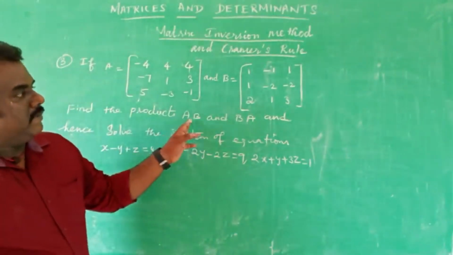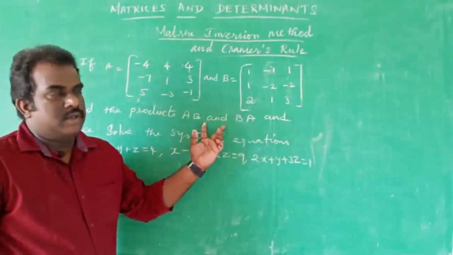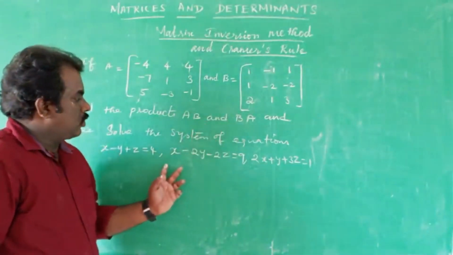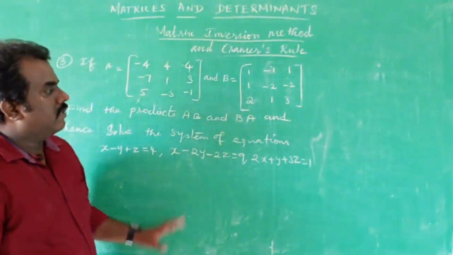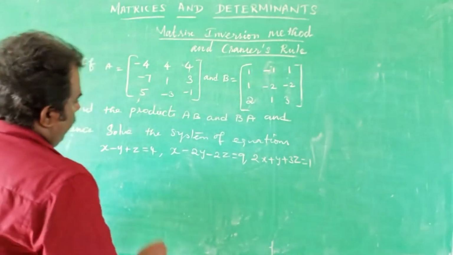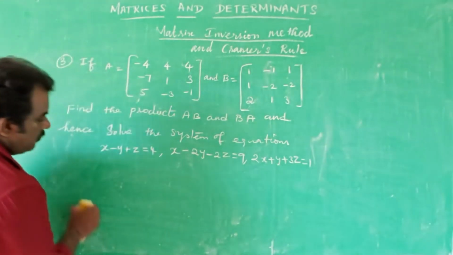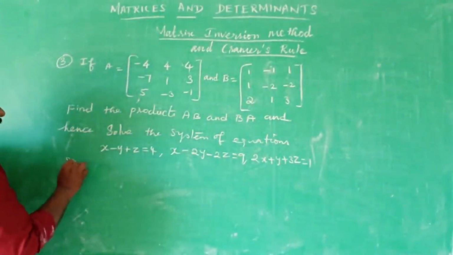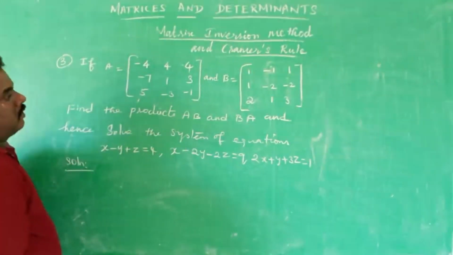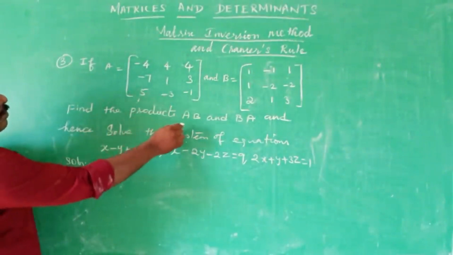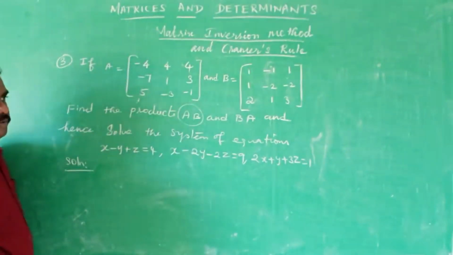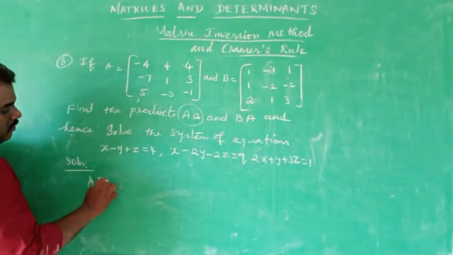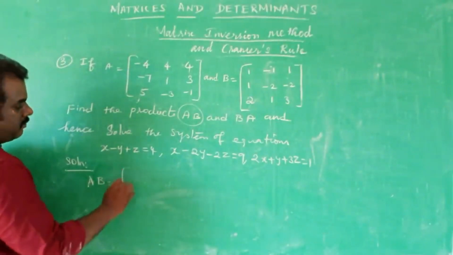Now we are going to find AB and BA. Then we have to see how it helps us to solve the system of equations. First, we have to find the multiplication AB, the usual matrix multiplication.